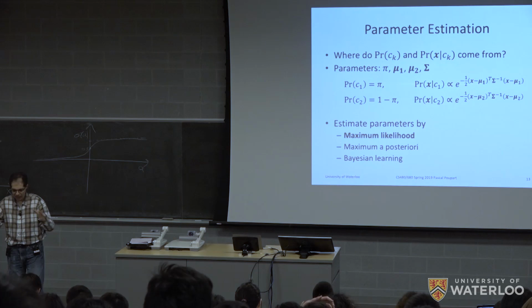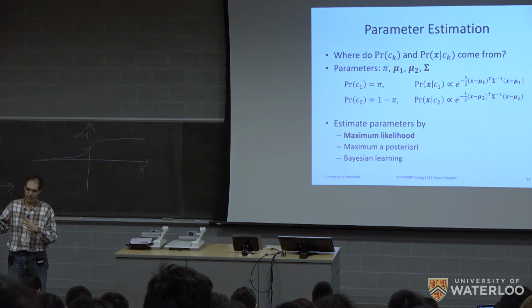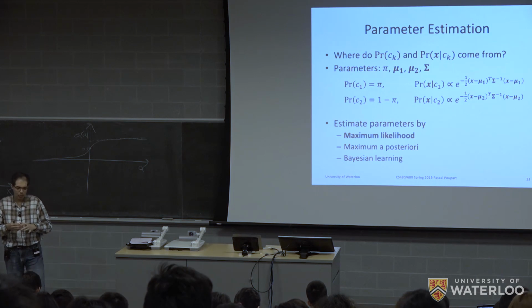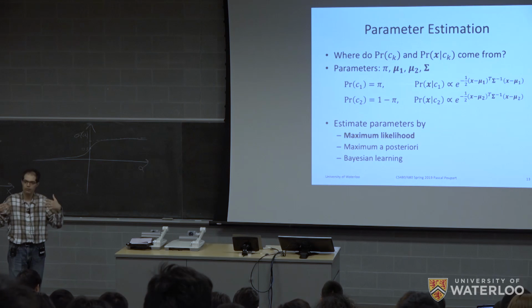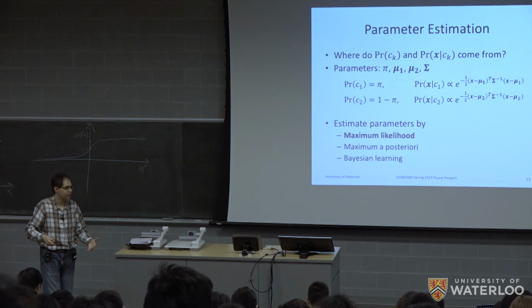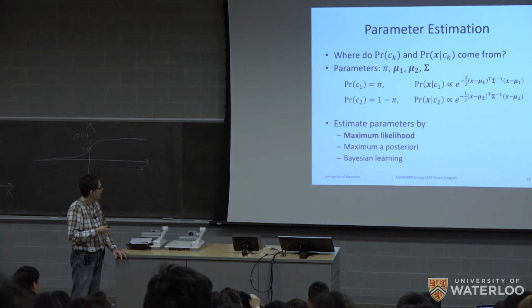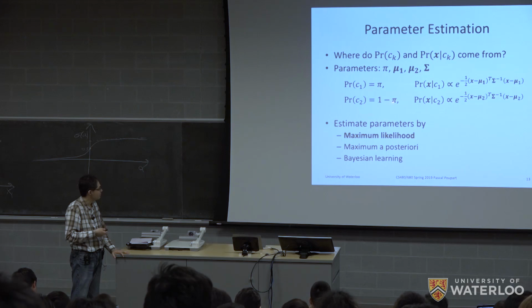So we've seen how we can do inference, compute the posterior for both just two classes or multiple classes. But now, where do the parameters of our model come from, right? So in this model, a mixture of Gaussians, we have a probability for each class. If I only have two classes, I'm going to denote the probability of the first class by pi and the probability of the second class by 1 minus pi.